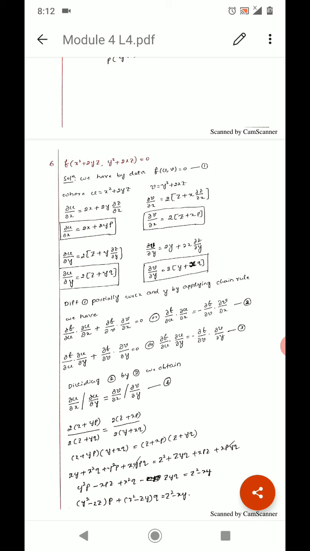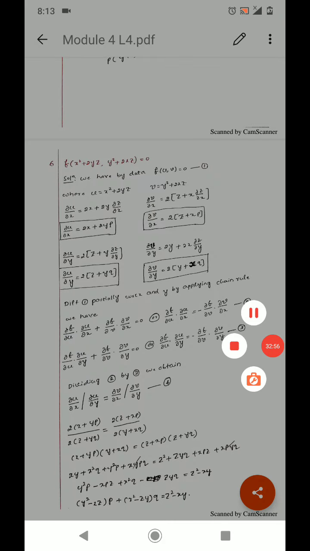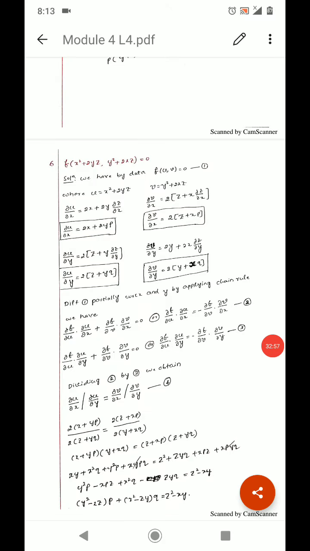Now differentiate v with respect to x. So del v by del x is equal to differentiation of y square is 0 with respect to x, and 2x into differentiation of z. Here we use the product rule to differentiate 2xz.